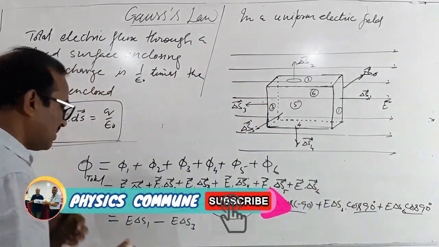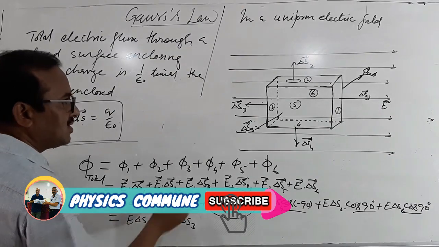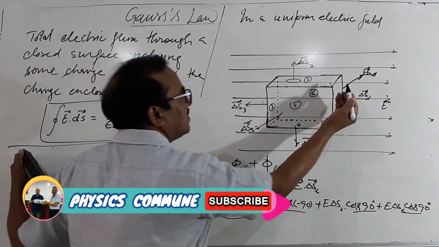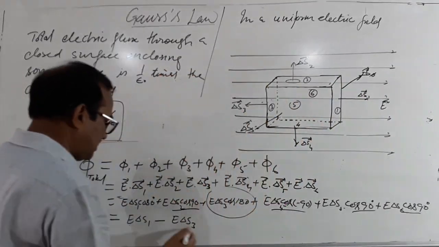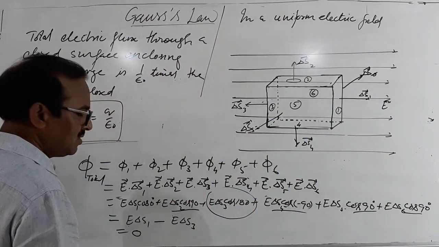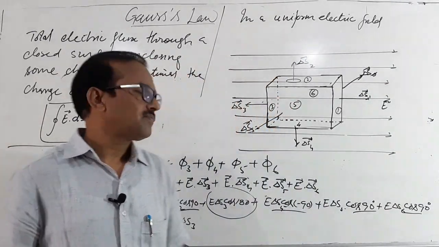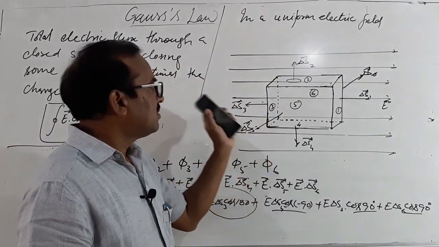E is constant, and delta S1 is equal to delta S3. So this comes to 0, and the total flux is 0.